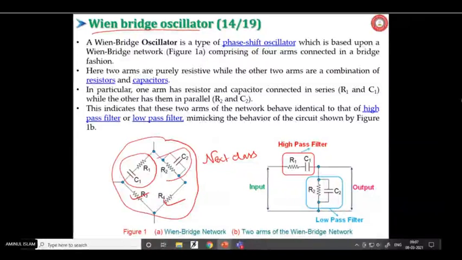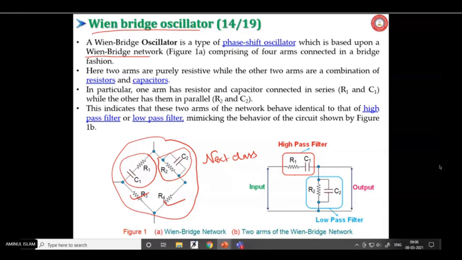The fourth arm is the parallel combination of a resistor R2 and C2. This total network consisting of 4 arms is the Wien bridge network, which is used for feeding back in the oscillator circuit.